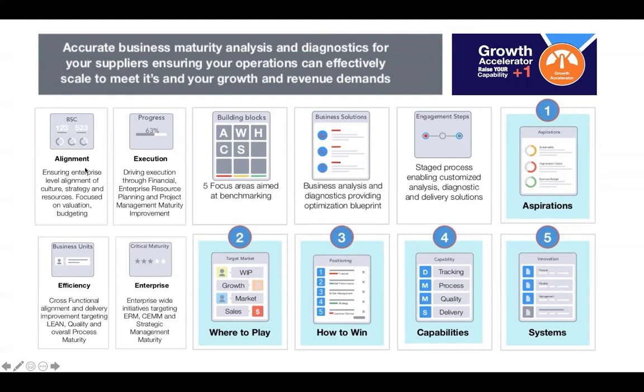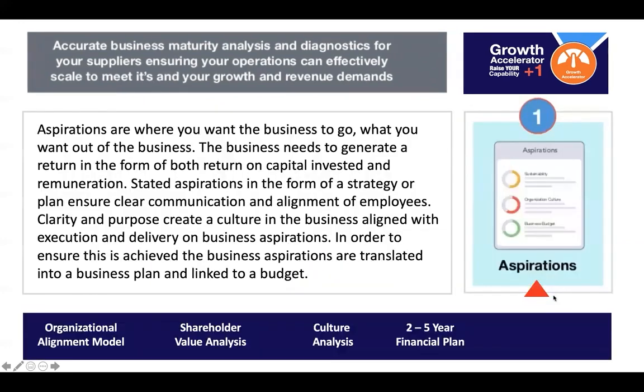So looking at alignment, execution, efficiency, and enterprise, we focus on the 5 areas and a business analysis, which gives us a staged process enabling customized analysis, diagnostic, and delivery solutions. Again, looking at aspirations, where to play, how to win, capabilities, and systems.